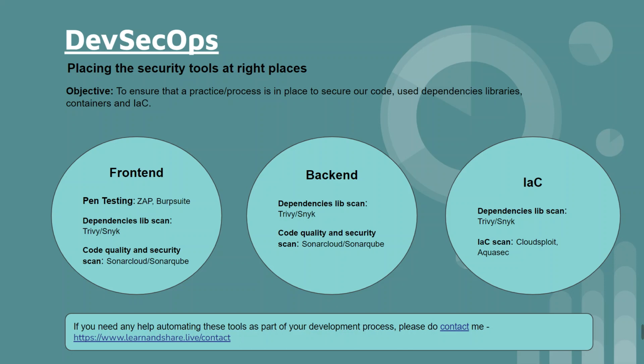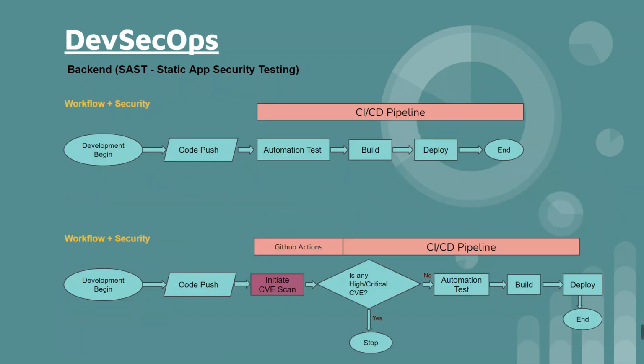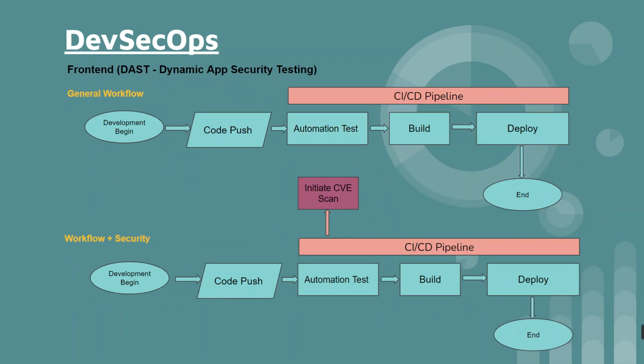So to perform all these scans and find the necessary loopholes, if there are any, we can make use of these tools, right? And I have listed the tools in the previous slide as well, but I do have extensive experience on the Aquasec side.